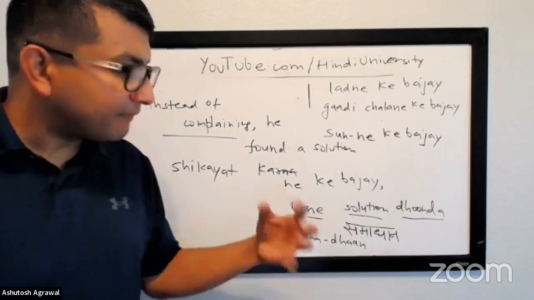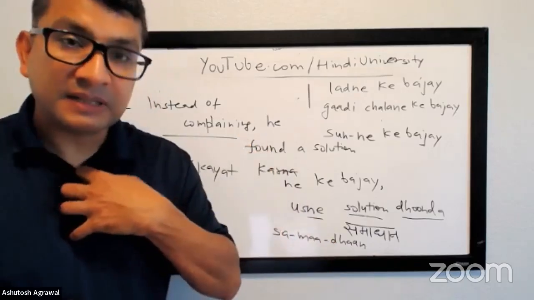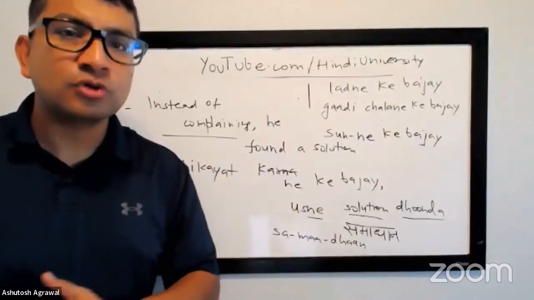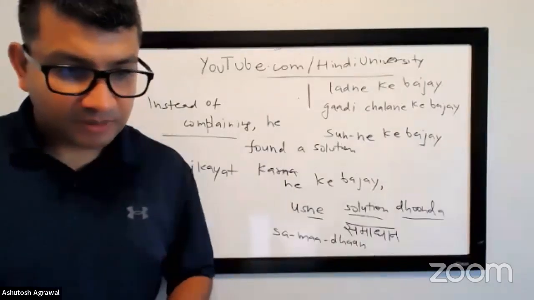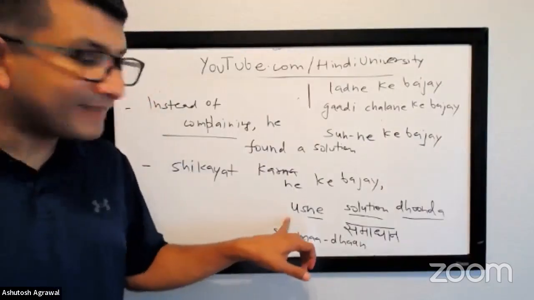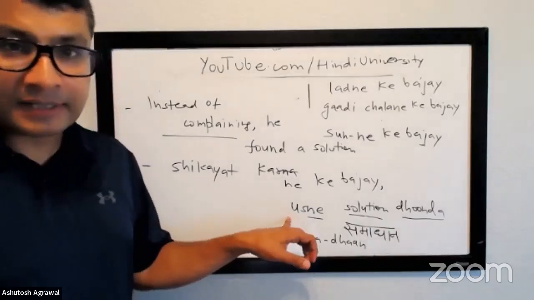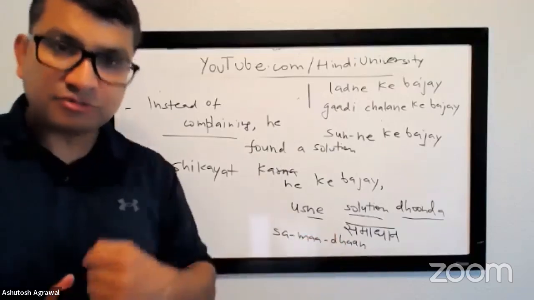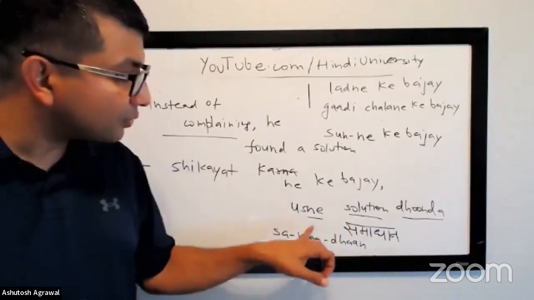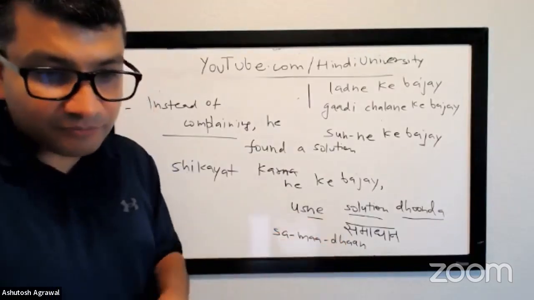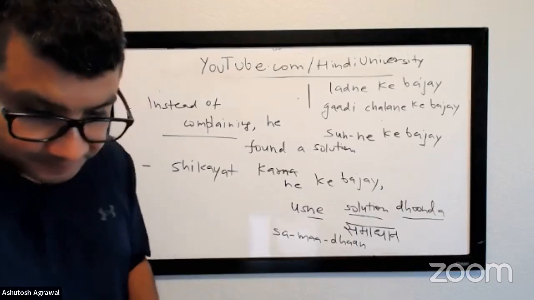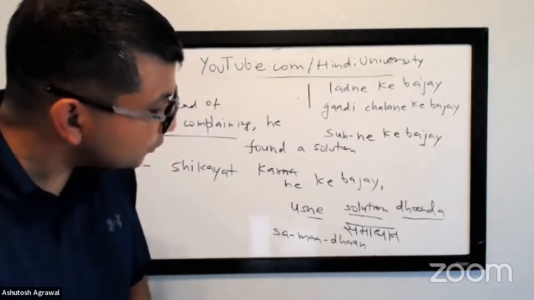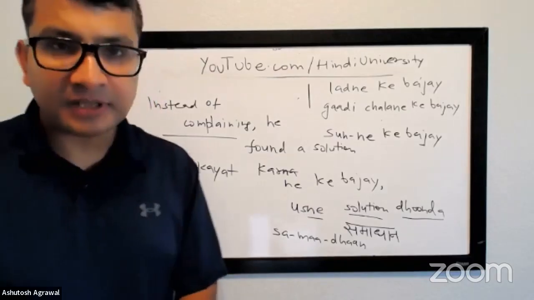Right. So if he is the recipient of something, then you are right. You can say that usko solution mila, right? Sentence-wise, grammatically it's not incorrect. You can say that usko solution mila, but milna is you're receiving it, right? So that's why if you end up using ko here instead of ne. Yeah. Could you also use, okay, usko solution pata chala, or no? You can say that usko solution pata chala. Yeah.